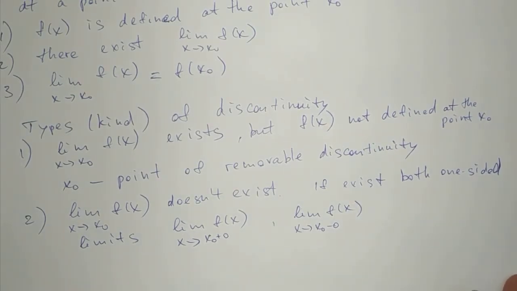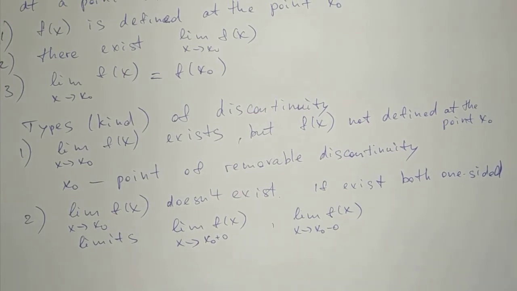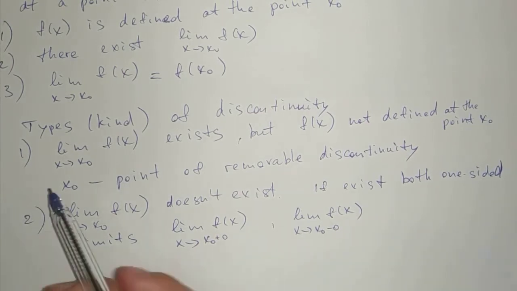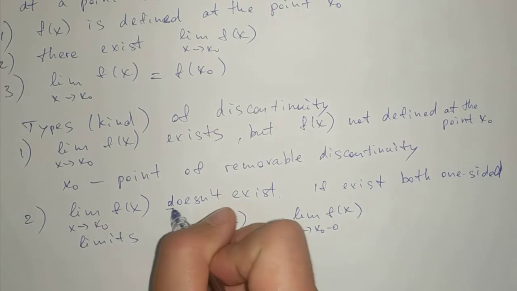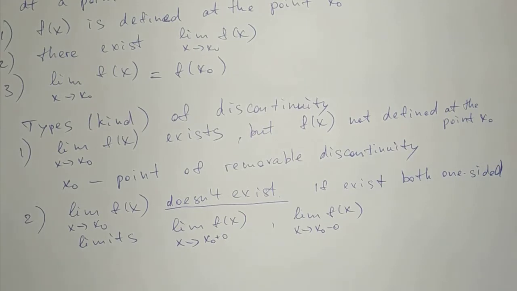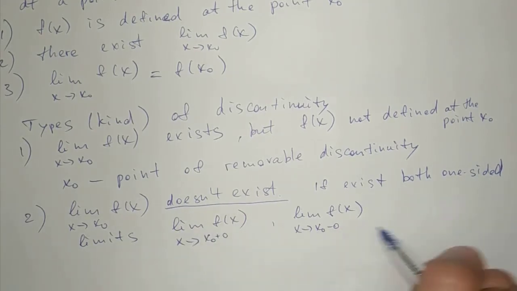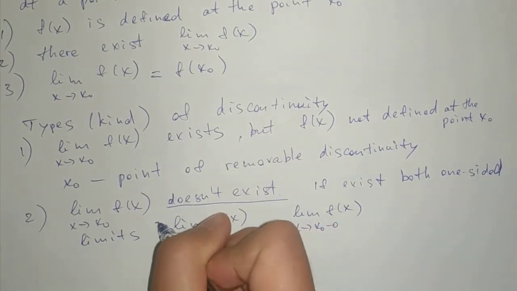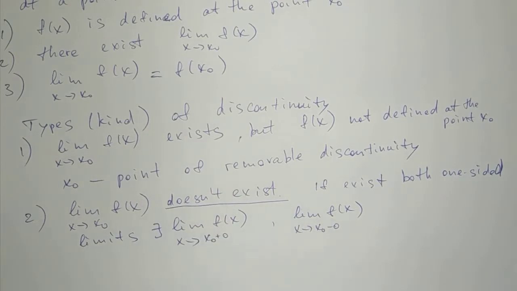If they exist, and obviously they are not equal because we don't have a limit here, they exist but they are not equal.